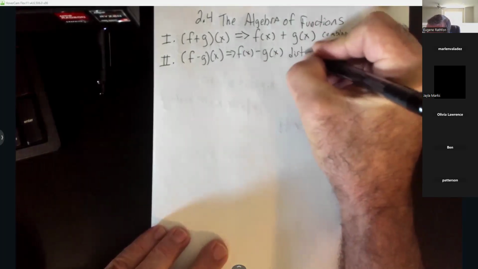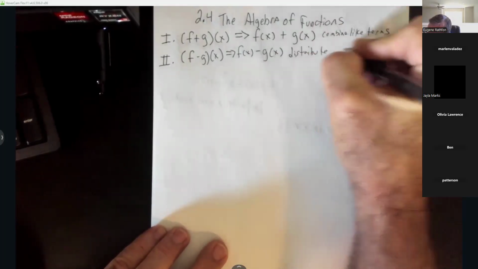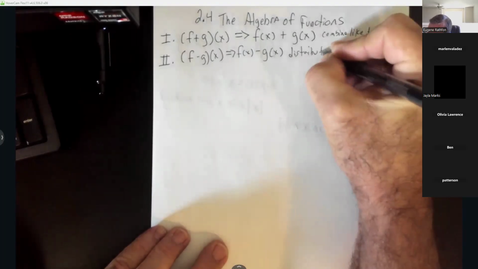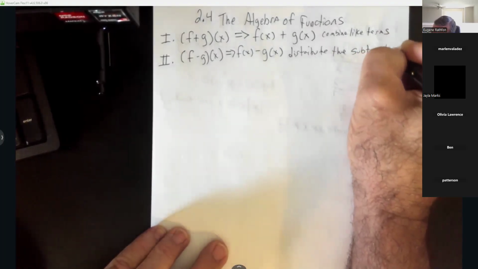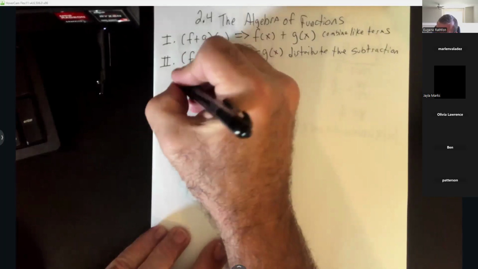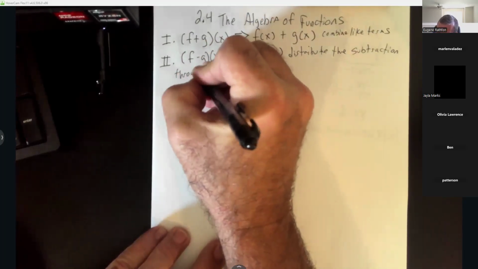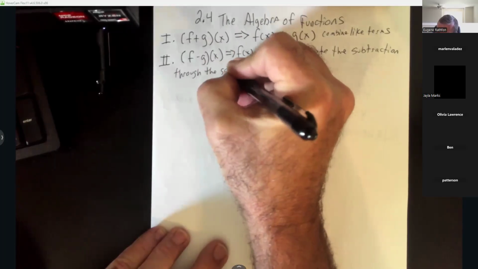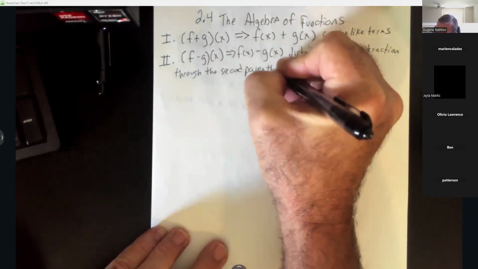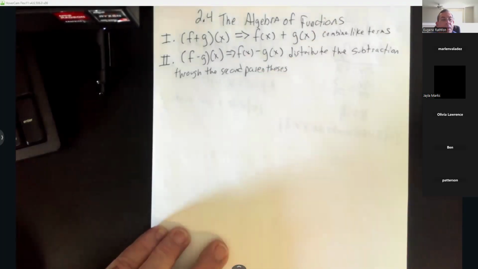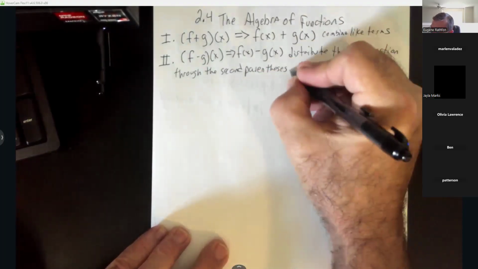So distribute the subtraction through the second parentheses. Then I can combine like terms.